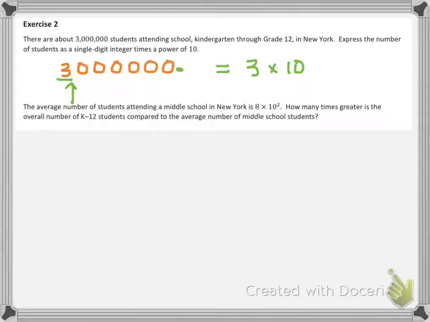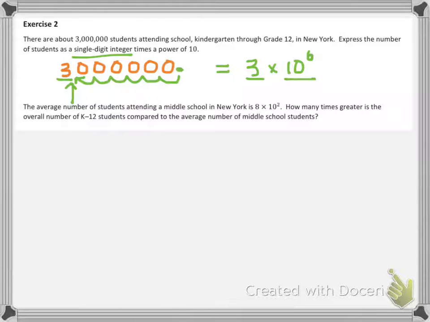And the way to find that power is to move this decimal 1, 2, 3, 4, 5, 6 places, and that means I'm going to have 3 times 10 to the 6th power. So there I've written a single-digit integer, my 3, times a power of 10. So there's my power of 10.